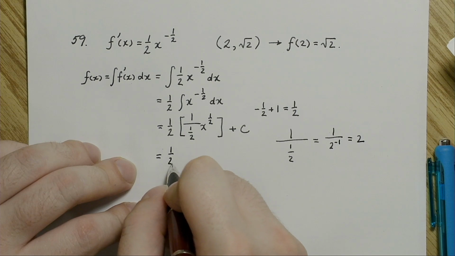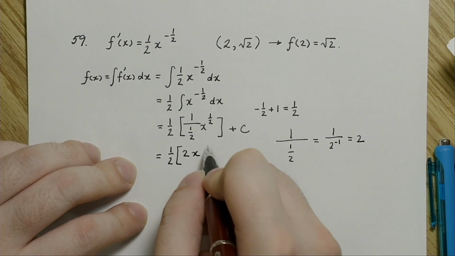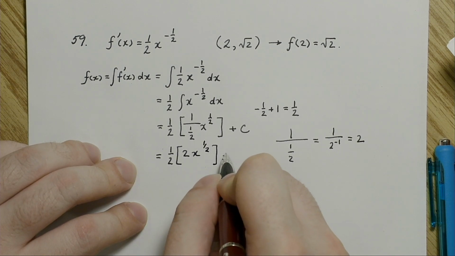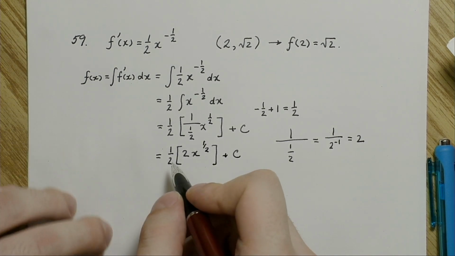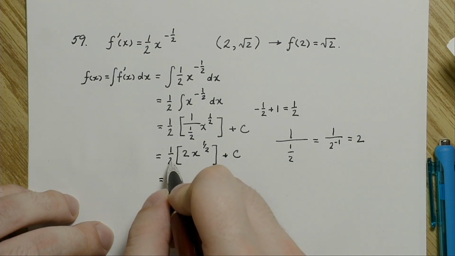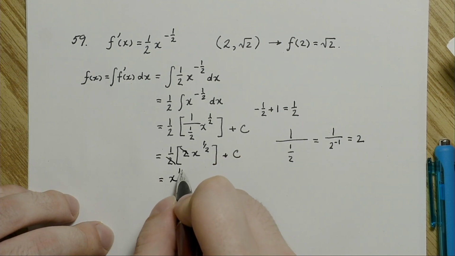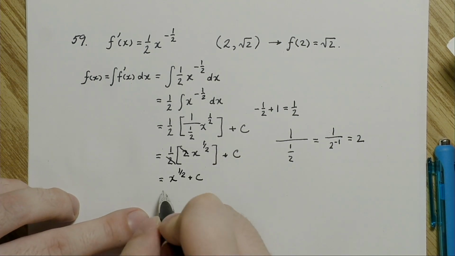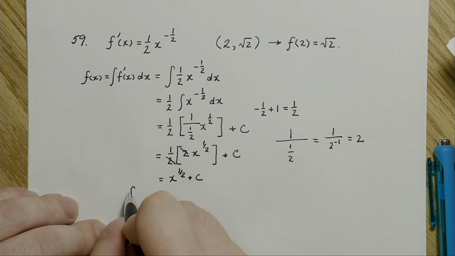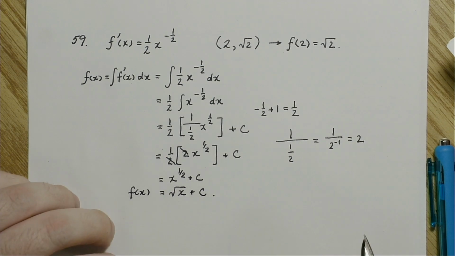So I have 1/2 is equal to 2 x to the half plus a constant. And then the half multiplies by the 2, so that cancels out. So boom, boom. Or this equals square root of x plus c.